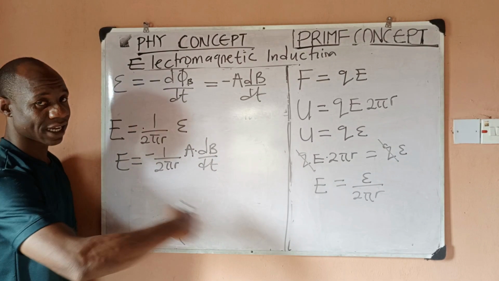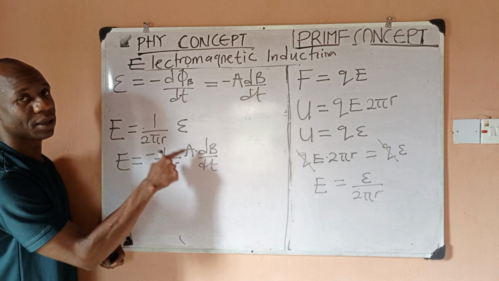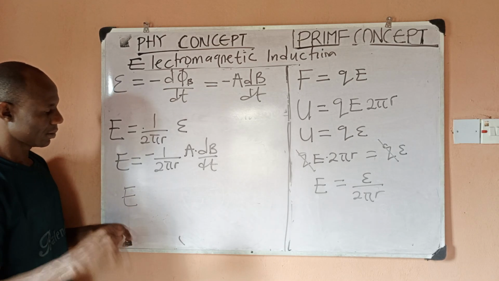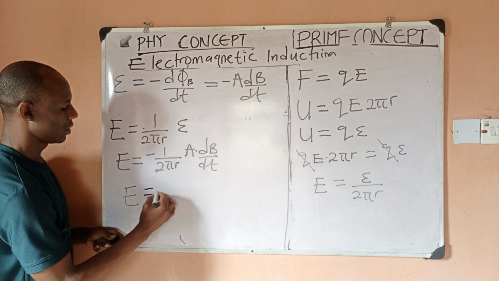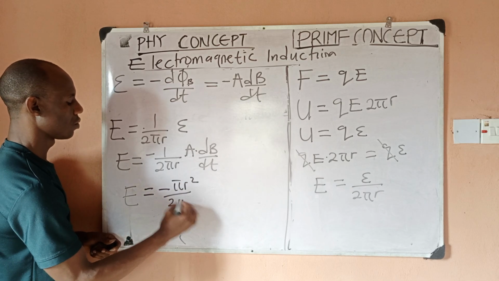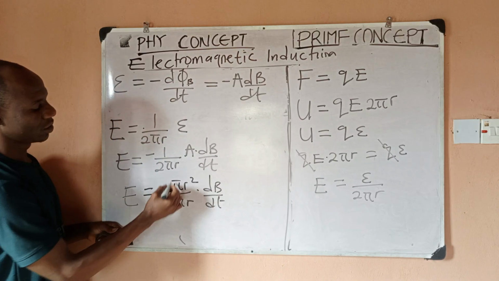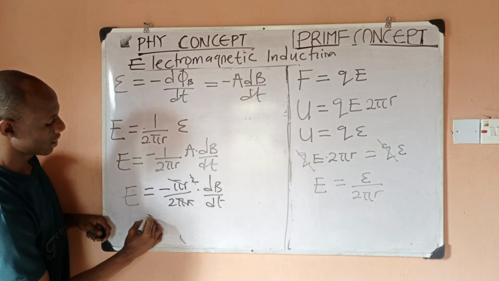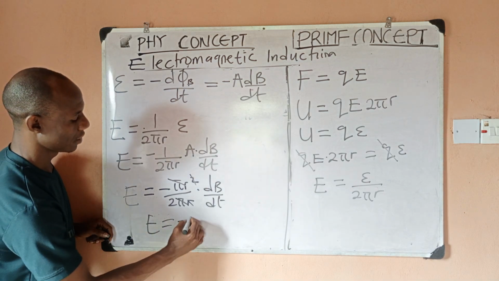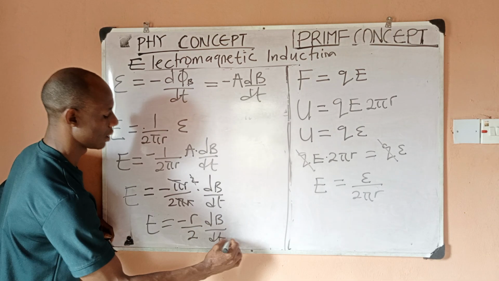Now, since we have a circular loop, I can use the area of that circular loop, which is pi r squared. So I'll have that E is going to be negative pi r squared over 2 pi r times dB/dt. When this reduces, finally the electric field can be written as negative r over 2 times dB/dt.